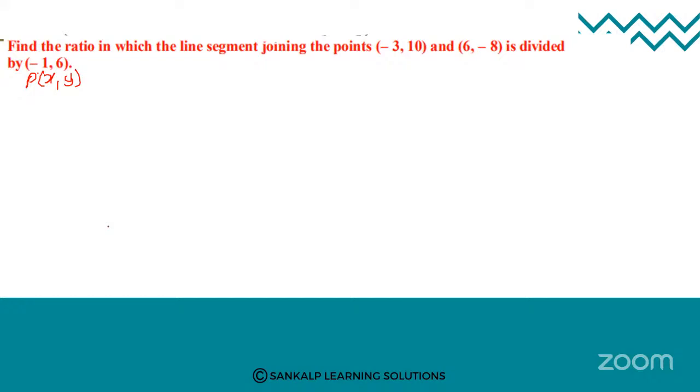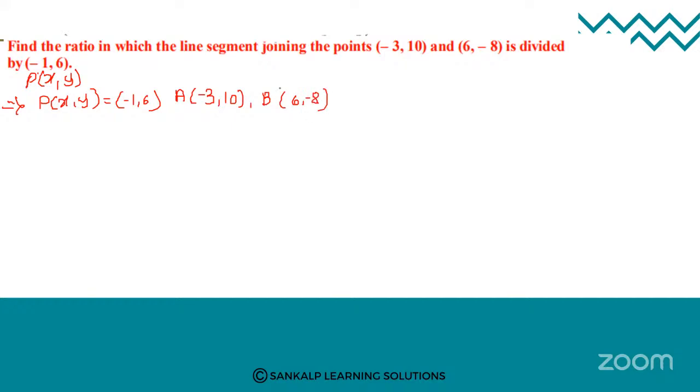Find the ratio in which, here ratio we need to find out. So P x y they have given, that is minus 1, 6. And A value is minus 3 and 10. These two are the coordinates of A, and B is 6 and minus 8.